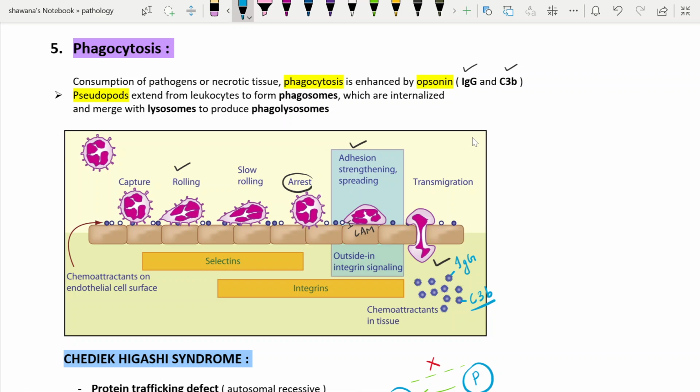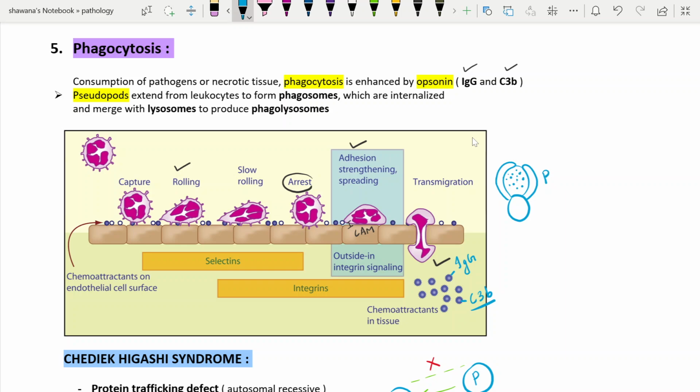Pseudopods are extended from the leukocytes. For example, this is a leukocyte, and pseudopods means that its arms will emerge from the body and they will enclose the bacterial product or the necrotic debris, and this forms the phagosome.